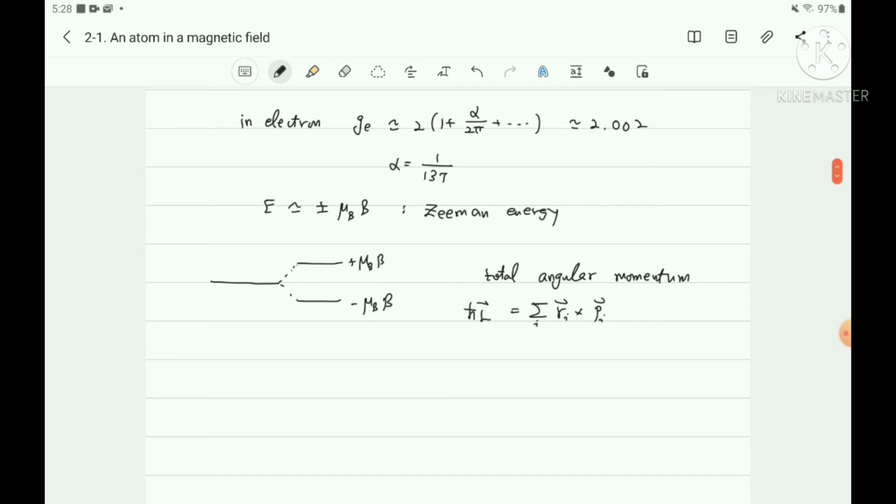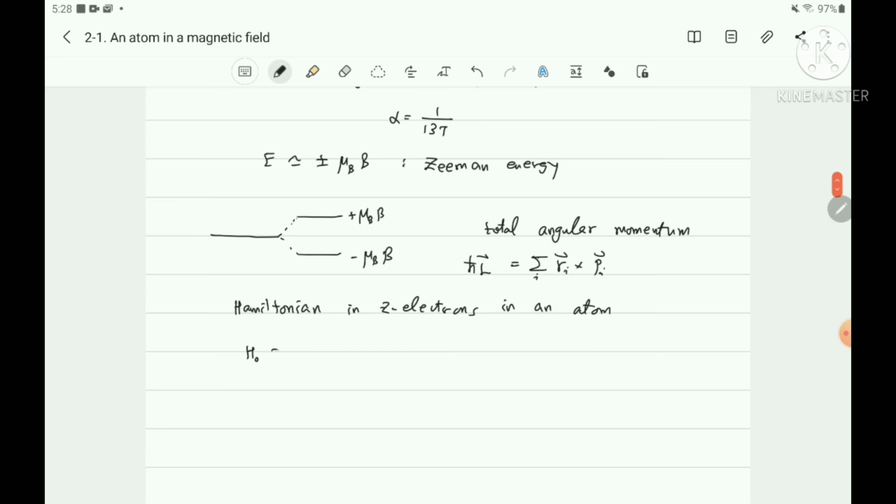In this case, let's consider the Hamiltonian in a Z-electron system, the Hamiltonian for Z electrons in an atom.